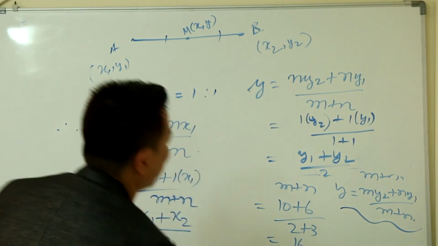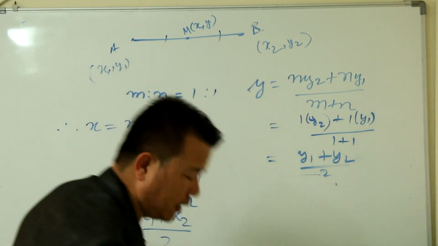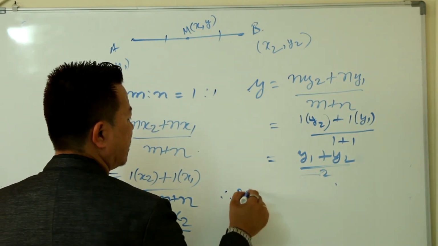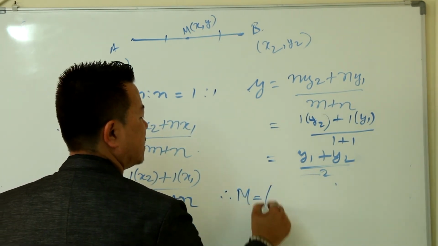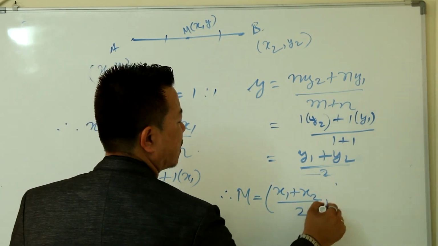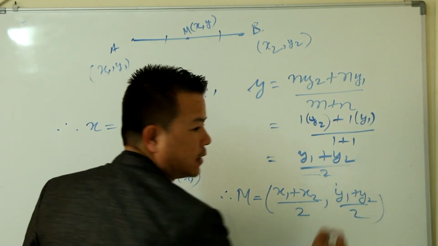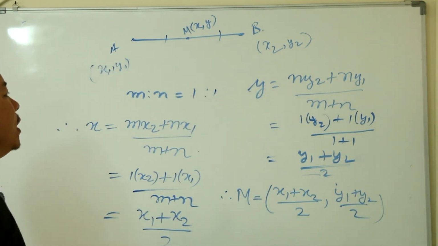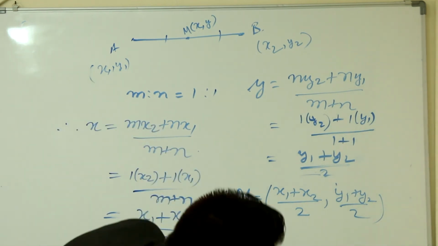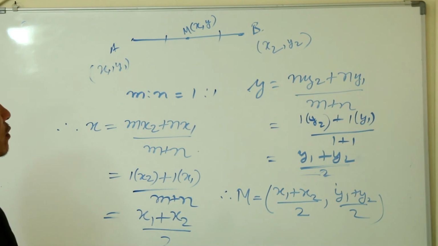So we got the value of y also. Therefore, the midpoint formula is x1 plus x2 divided by 2, y1 plus y2 divided by 2. So we will solve one simple problem on the application of the midpoint formula.